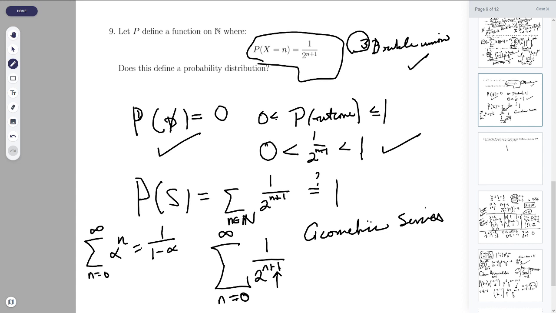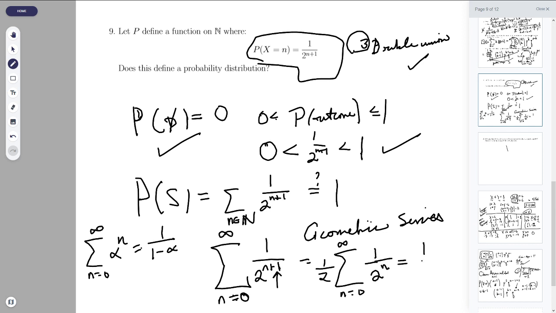So what I'm going to do is rewrite this as 1/2 like that. The reason I'm doing that is because if I don't, we're going to get 1 over 1 minus alpha, and it's going to be off by just a factor of alpha, actually. So then we use the formula.